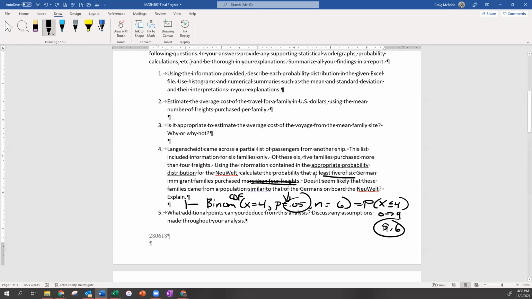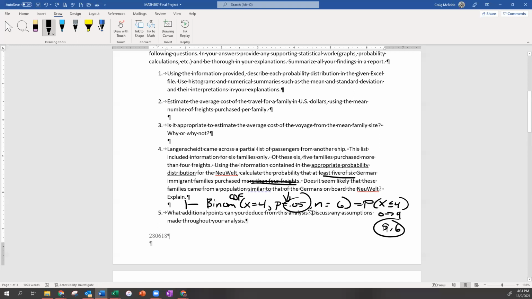So we're claiming that we think this is similar to the New Wealth data. So we would run the hypothesis test, we would run the data, we would get a probability. And if that probability was 5% or bigger, we would say, okay, it fits well enough that we don't feel strongly enough that we can say we're going to reject that null and say that it's probably more likely that it comes from a different population.